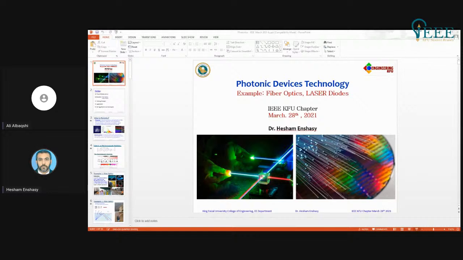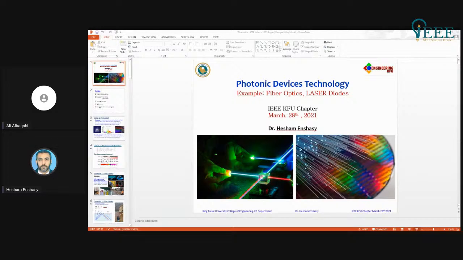So many of these components basically are photonic devices. So today we'll focus on two of these devices, which are the fiber optics devices and the laser diode devices.